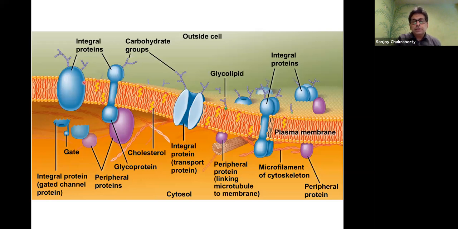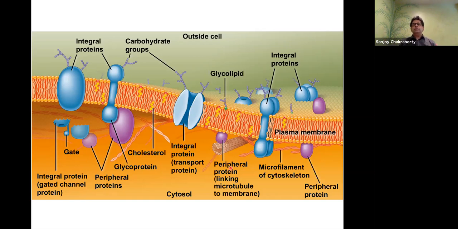Some proteins span through the membrane, so they can be on both sides. Some are attached inside, some attached outside, and in this picture we don't have it, but some proteins can be completely embedded inside the membrane.